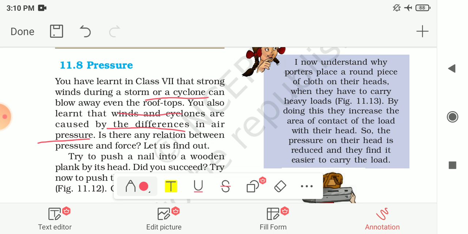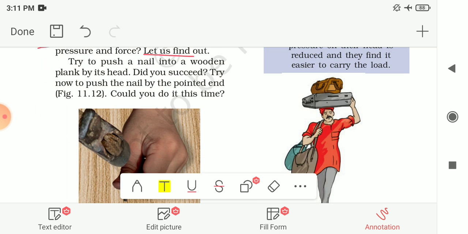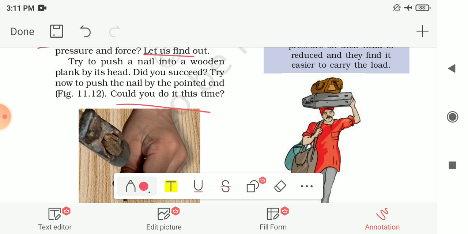So now the question is: is there any relation between pressure and force? Let me find out what the relation between pressure and force is, and what pressure is. For that, one activity is given to you. Try to push a nail into a wooden plank by its head.